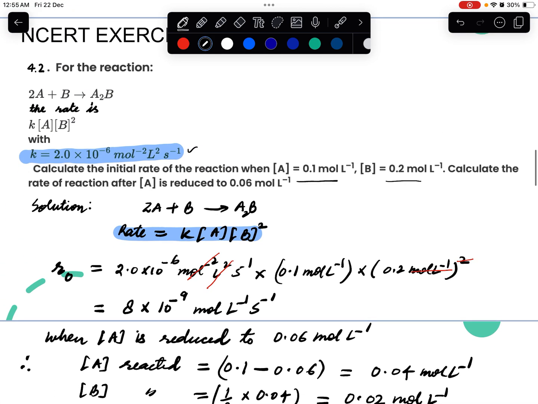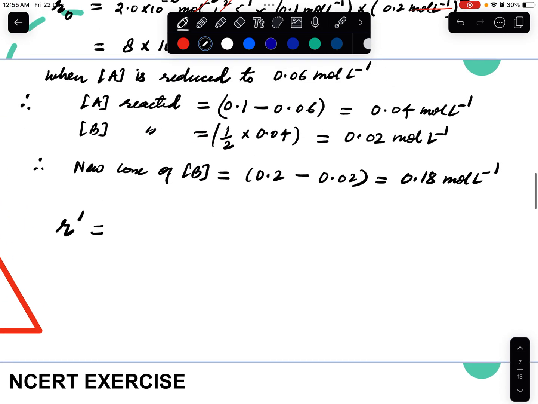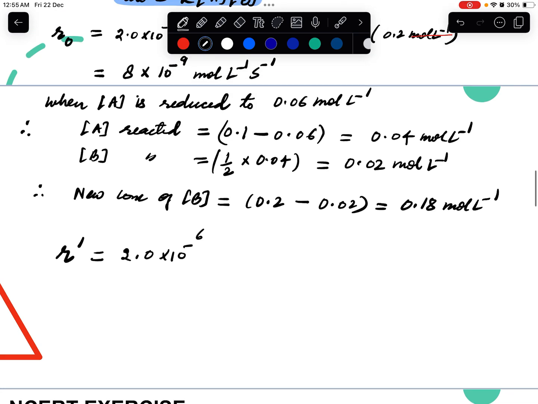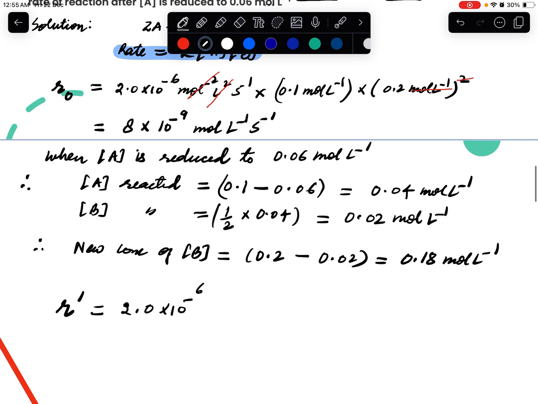Because we have to calculate the new rate of the reaction when these are the changes in A. The new rate is written as the rate constant 2.0 into 10 raised to the power minus 6, with units per mole square liter square per second.